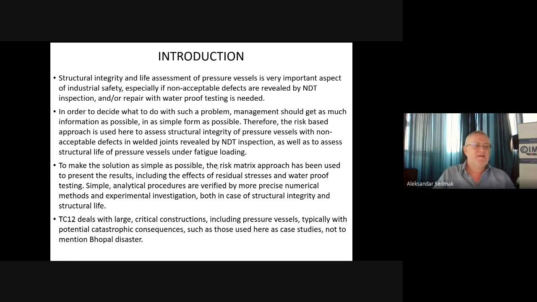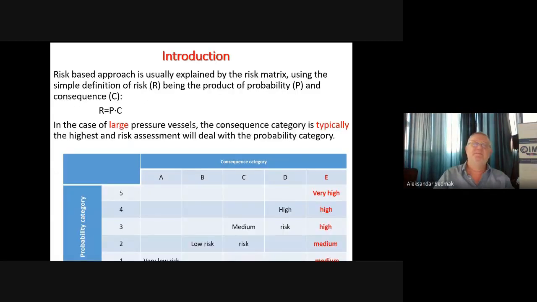So once again, TC12, this is our topic, deals with large critical constructions, including pressure vessels, and our basic aim is to prevent catastrophic consequences. I will present two cases with potential catastrophic consequences in the static case, and just not to mention Bhopal once again.